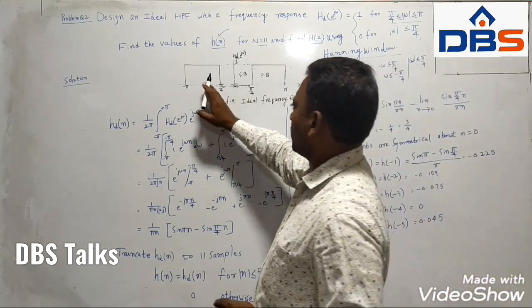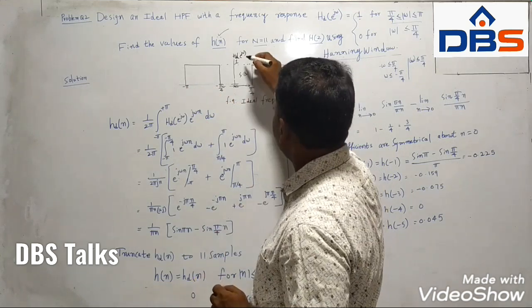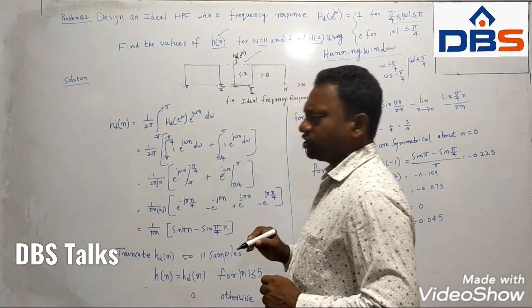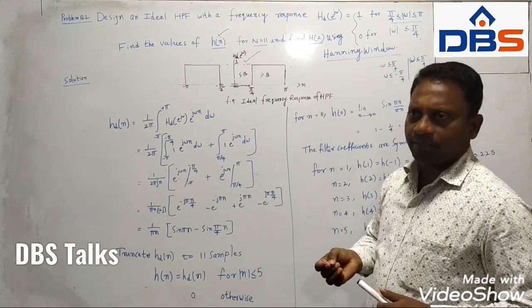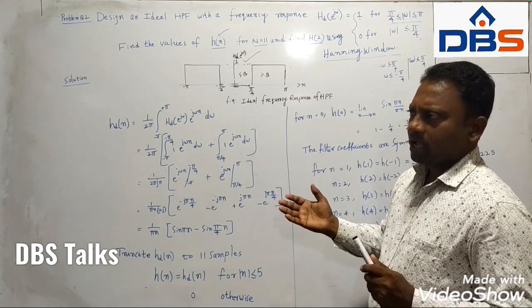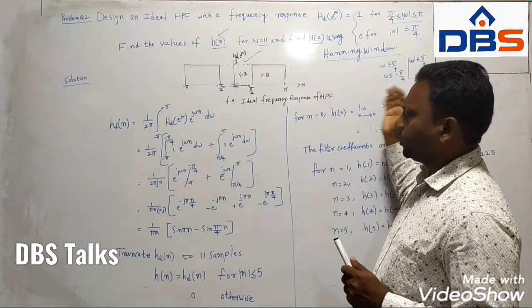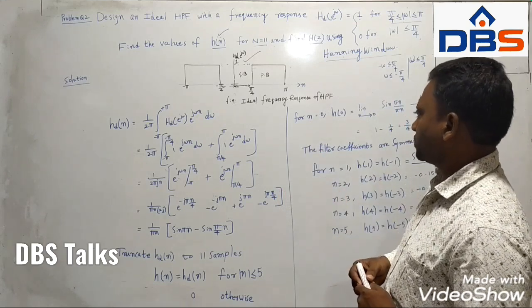Here also, from minus pi by 4 to minus pi it is the same. So even by seeing this HD of e power j omega, we can understand that it is a high pass filter. High pass filter means it passes frequencies above the cutoff frequency, and all the frequencies are passed through the filter. Such types of filters are called high pass filters.